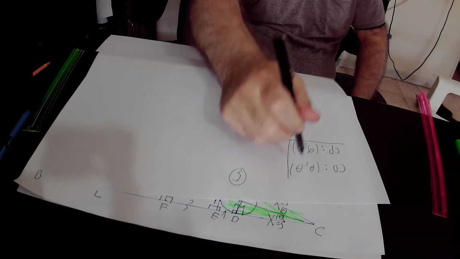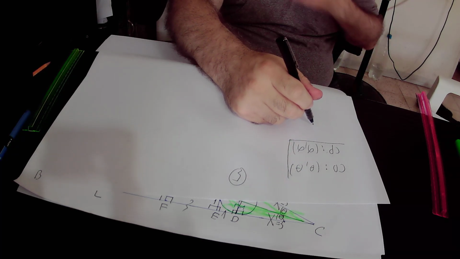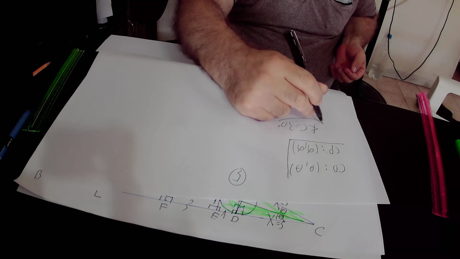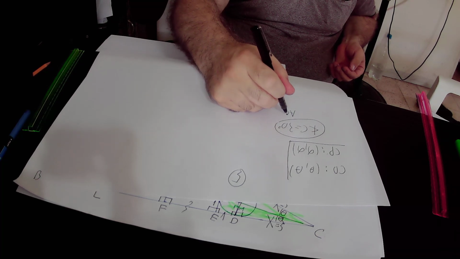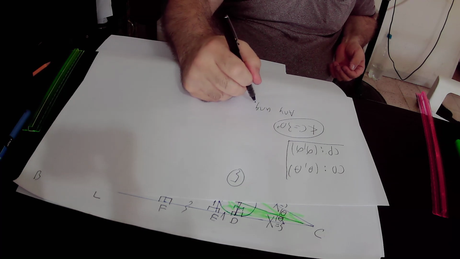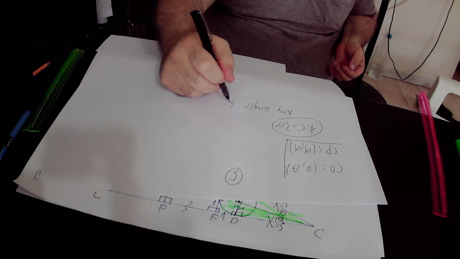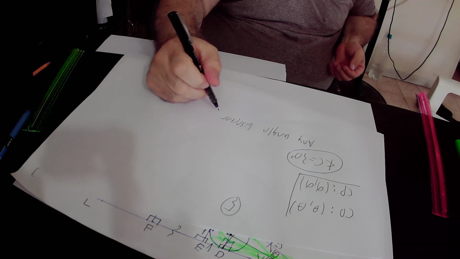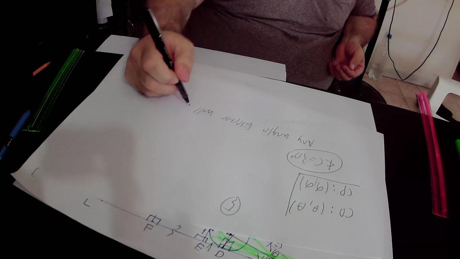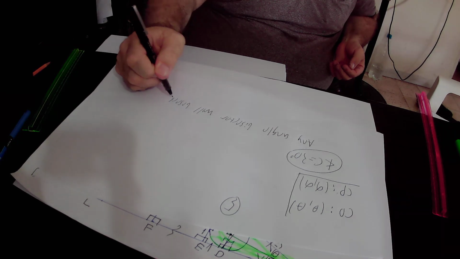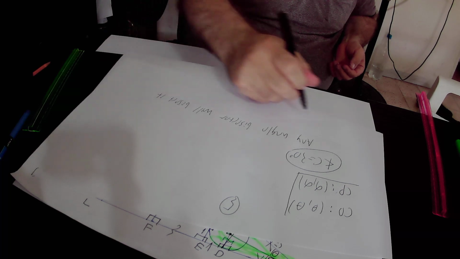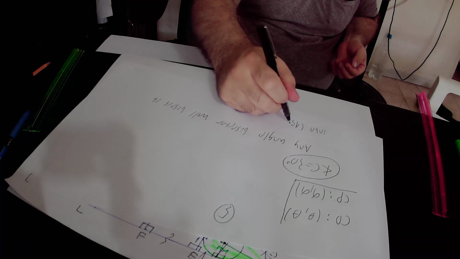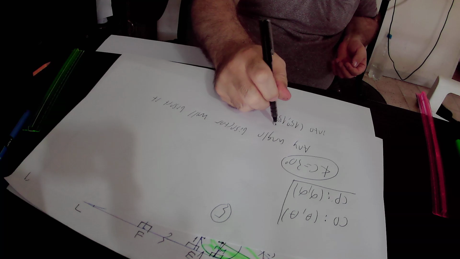Why? Because if angle C is equal to 30 degrees, then any angle bisector will bisect it into two halves that are equal to 15 degrees and 15 degrees only, and not to any other halves.